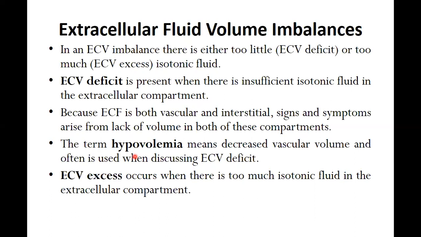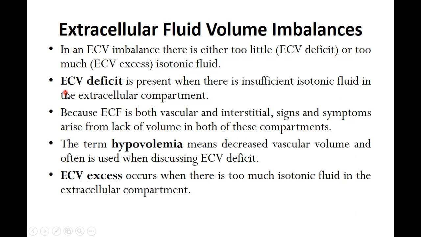Then fluid that is outside the blood vessels but not in the cells, which is interstitial fluid, and of course transcellular fluids like cerebrospinal fluid and peritoneal fluids, etc. So in an extracellular fluid volume imbalance, there is either too little extracellular fluid or there is too much. When there is too little, we say there is a deficit of extracellular fluid. When there is too much, we say there's an excess of extracellular fluid.